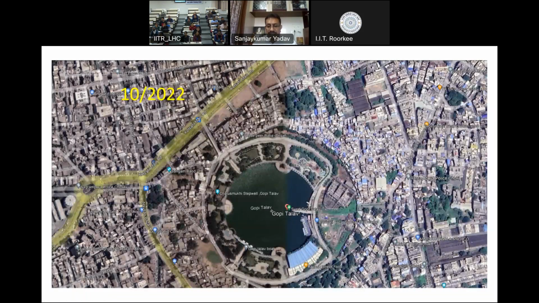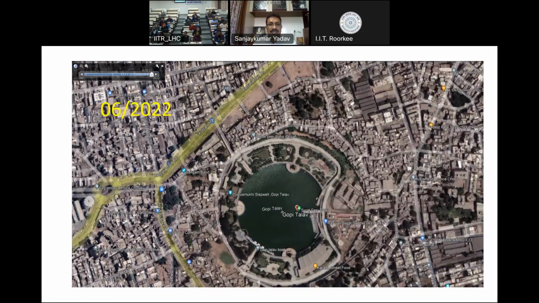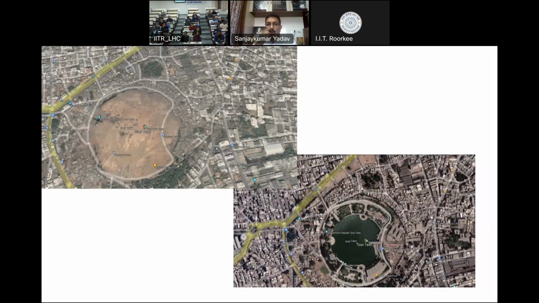Yes, you can see here, one minute, these are the images. Hello, everyone, can you see? One is on the top. You can see that all around the pond, even inside the pond, there are small huts which were occupied by poor people.